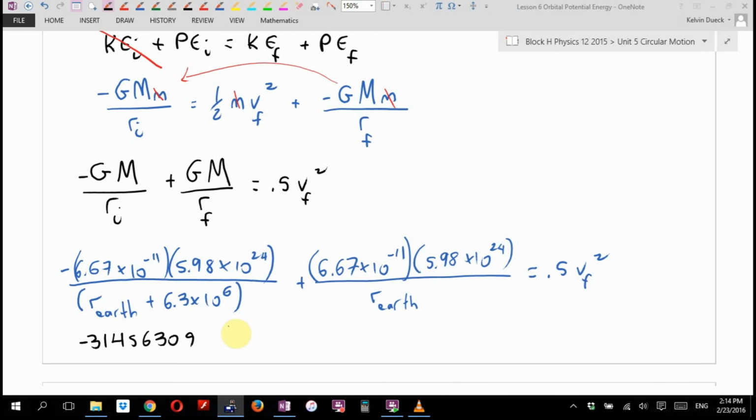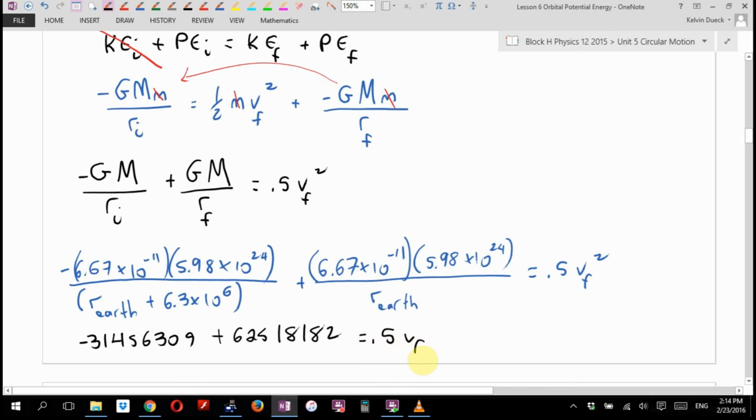Positive 6,251,818. That equals 0.5 V final squared. Mitchell, that's the way to get this with the least amount of typing. Otherwise, you're almost always typing big G twice, typing the mass of the Earth twice, and those are lots of things to type, and you're introducing the chance of making a typo. Everybody got the same thing as me for the two numbers? If you didn't, you need to practice this.